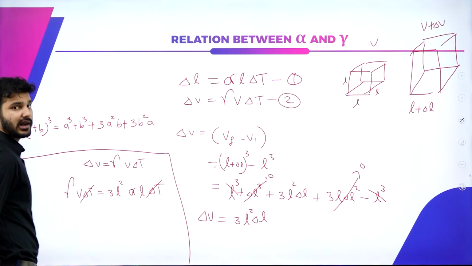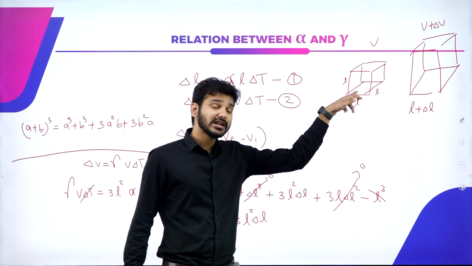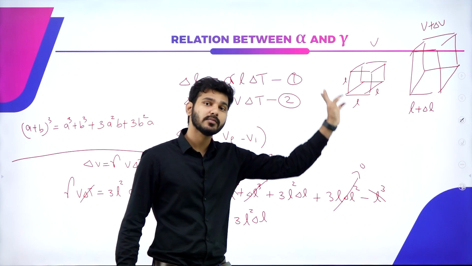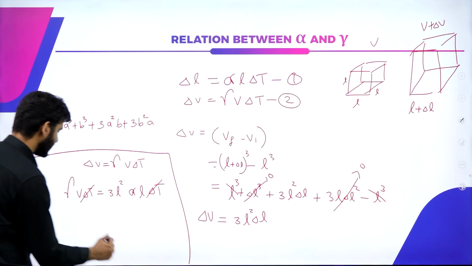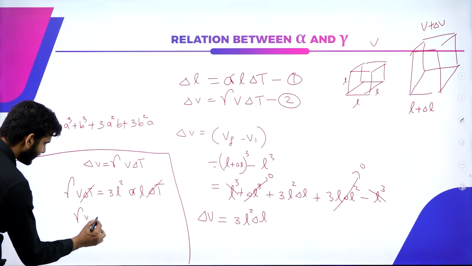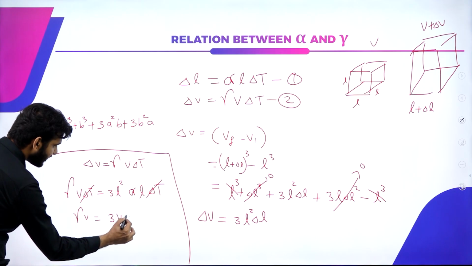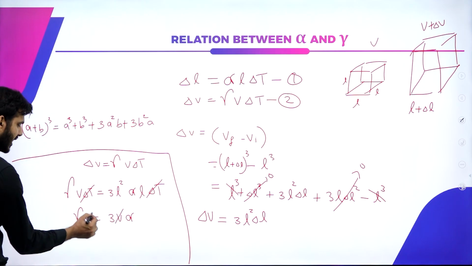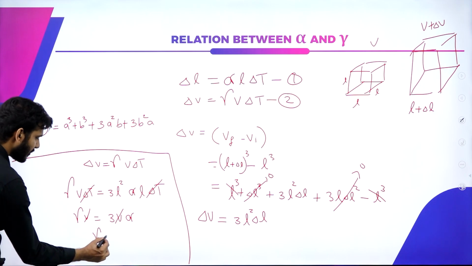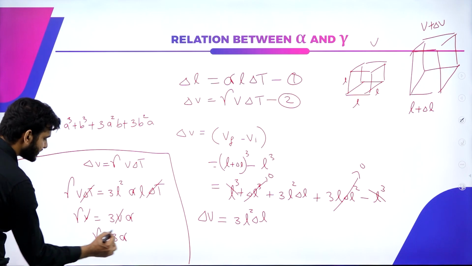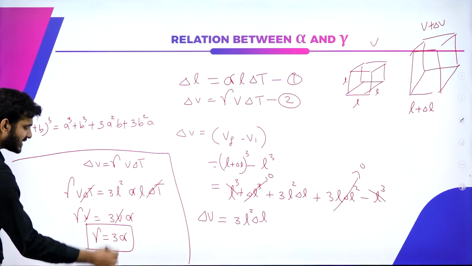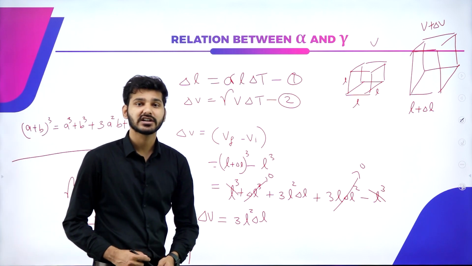L square into L is L cube, which is nothing but the volume of the cube. So gamma V will be equal to 3V alpha. V and V cancel each other out. Gamma is equal to 3 times alpha, and that is your final result.